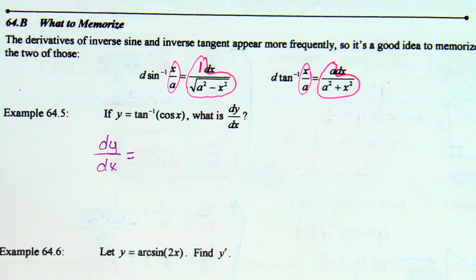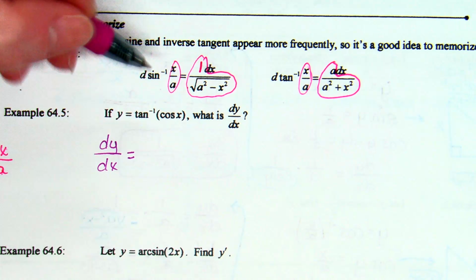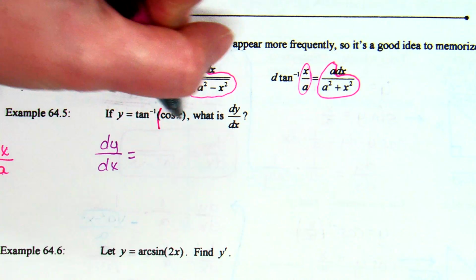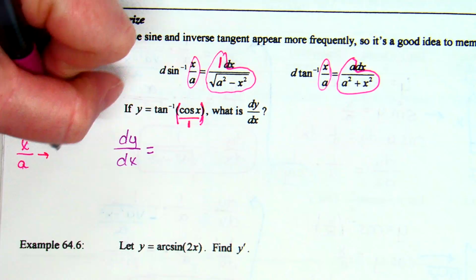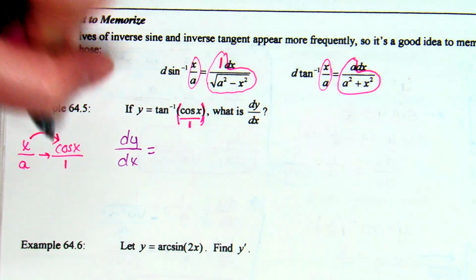So here's what I think. If you think x over a, where is x over a in place of? It's the inside pieces, yes? So this part right here, that's my x over a. What is cosine x as a fraction? Cosine over 1. So think of x over a as cosine x over 1. Meaning, if you have an x in the definition of derivative, we're going to say cosine x.